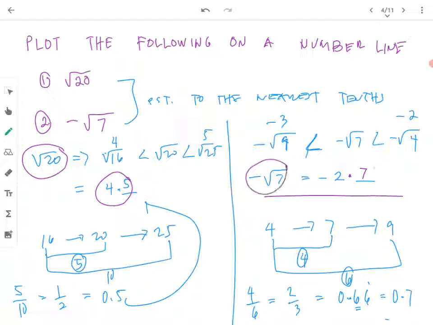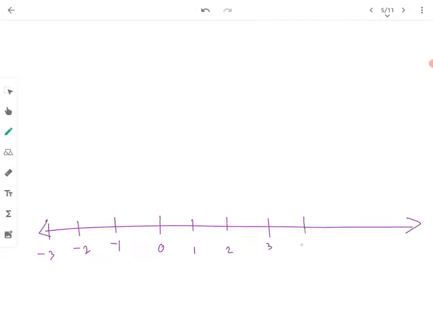With this idea, we know that square root of 20 is approximately 4.5. Negative square root of 7 is negative 2.7. We can now plot it on a number line. So if you have a number line, and this is our 0, this is our negative 1, negative 2, negative 3. Then 1, 2, 3, 4, 5.